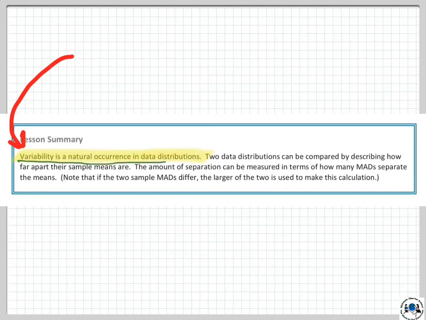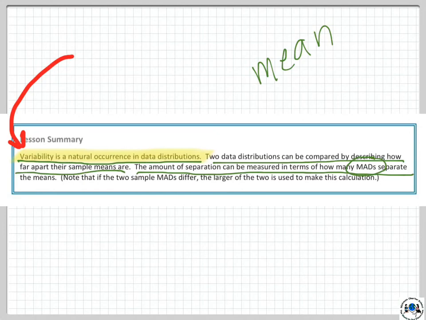People are different. Sampling is random, which sets us up for all kinds of randomness in our data, which can make things not look consistent. Now, two data distributions can be compared by describing how far apart their sample means are. The amount of separation can be measured in terms of how many MADs, mean absolute deviations.